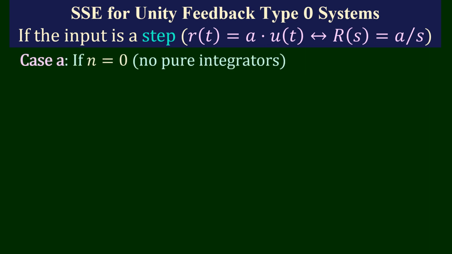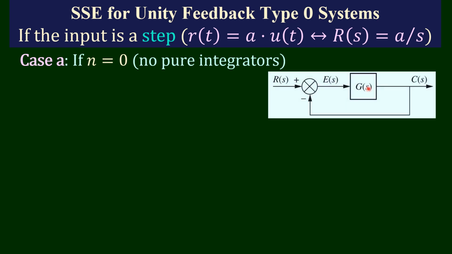In the case of type 0, there is no pure integrator in the open loop transfer function. Like in this transfer function, if there is no open loop integrator, we say that it is type 0.